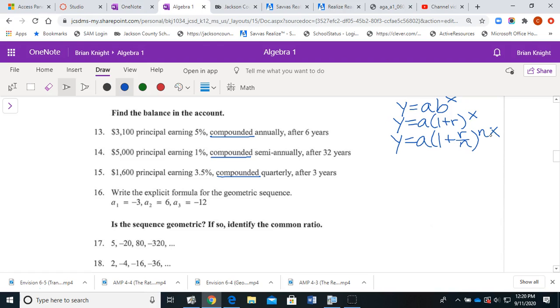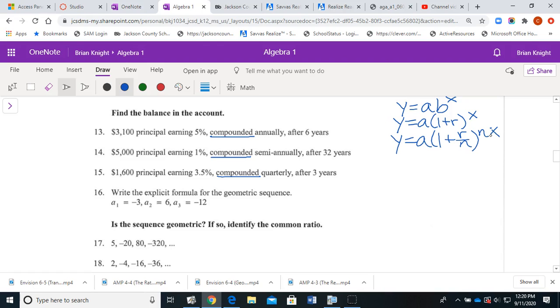One more time. This one you're compounding annually. Well, that just means you compound it once. So really, I could actually use this equation for that one. Use this equation for that one, you'll be okay, because n is 1. So what is r divided by 1?